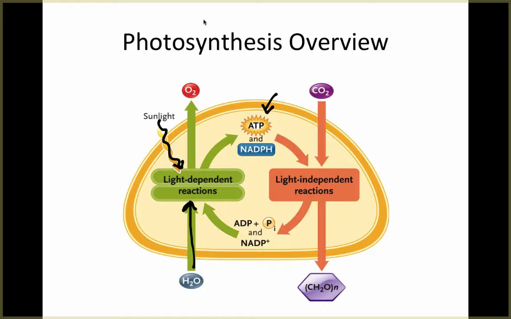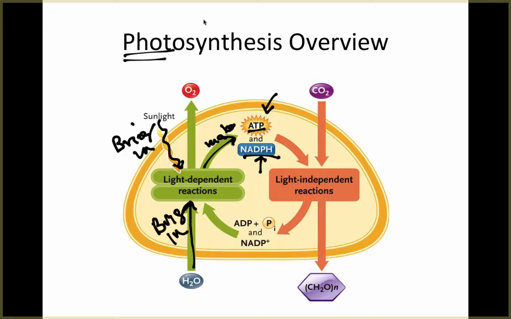And then what we're making here is ATP and this thing called NADPH. What you'll notice is there's a P in it versus the NADH that we talked about with metabolism. I was able to remember it because the P is for photosynthesis. And oxygen is a waste product in this reaction.